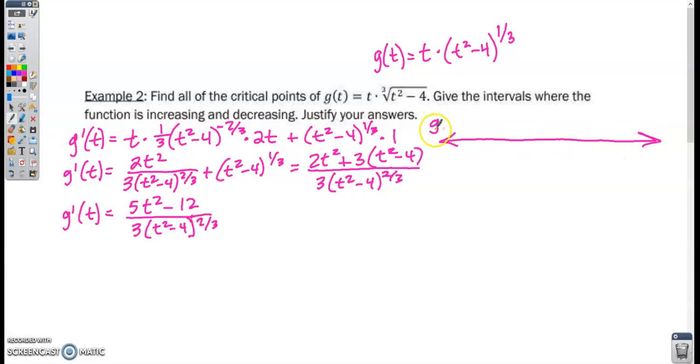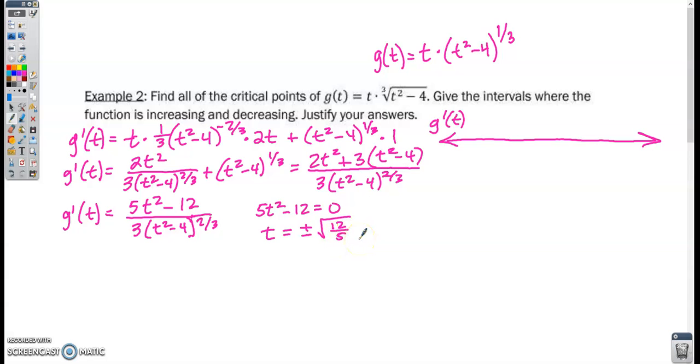Draw a sign chart for the derivative g prime of t, and we need to find where the critical points are. So we're looking for where the derivative is 0 or undefined. Okay, so for 0, we set the numerator equal to 0 and solve this for t, and we get t equals plus or minus the square root of 12 over 5, whatever that is.